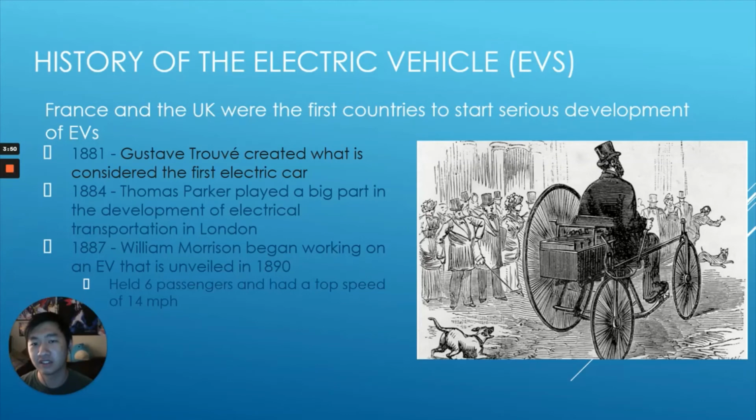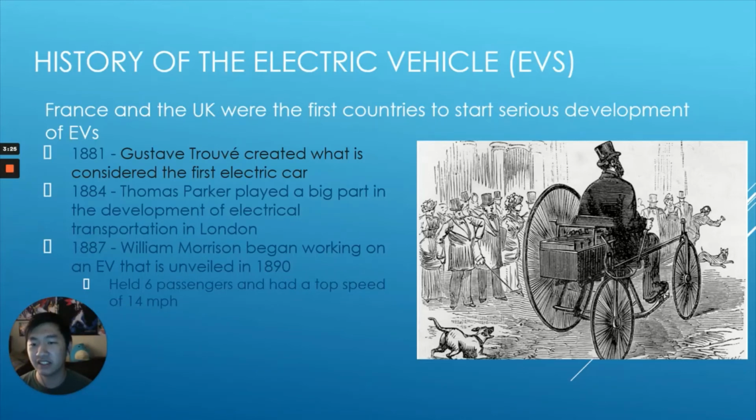The first countries to start serious development of EVs were France and the UK. In 1881, Gustave Eiffel created what is considered the first electric car. A picture of that is on the right. It's rather peculiar.